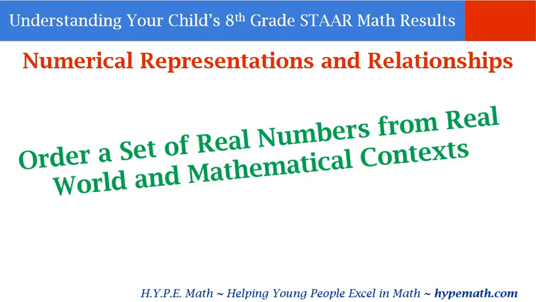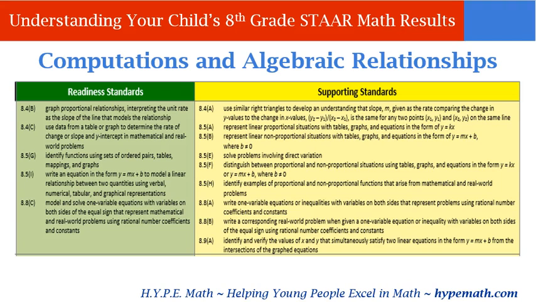The summary of the numerical representations and relationships is to order a set of real numbers from real world and mathematical contexts. For computations and algebraic relationships, displayed are the TEKS for readiness and supporting standards.